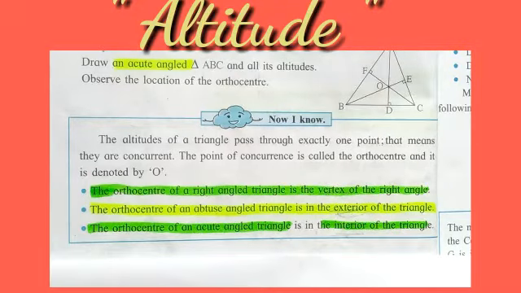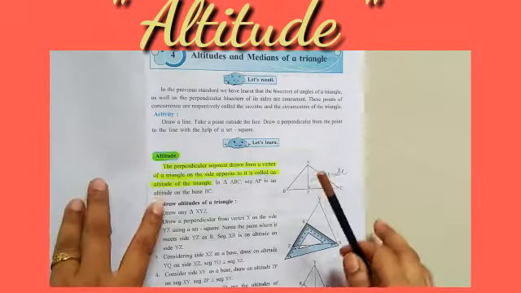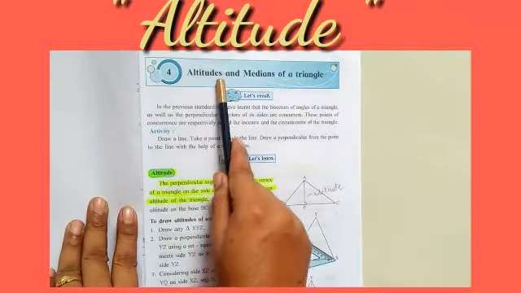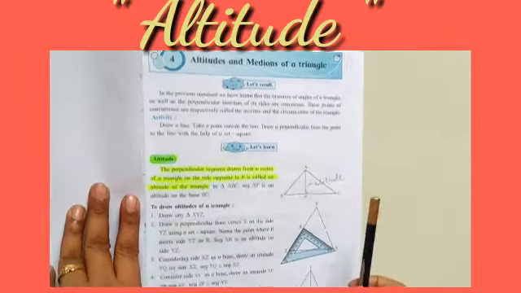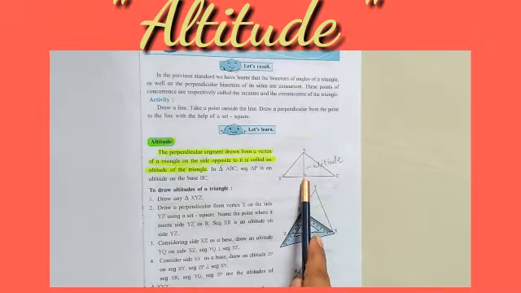Got it, students? It means all these three types have different positions of the orthocenter in their triangles. So students, in your fourth unit, that is altitudes and medians of the triangle, at first you have to draw the triangle and one altitude.